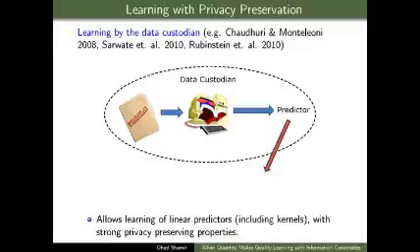Okay, the second setting is where the learning is actually done by the data custodian. So that received a lot of attention in recent years. The idea here is that the data custodian applies some machine learning algorithm on the data, resulting in some predictor, and that predictor is published maybe with a little bit of noise.